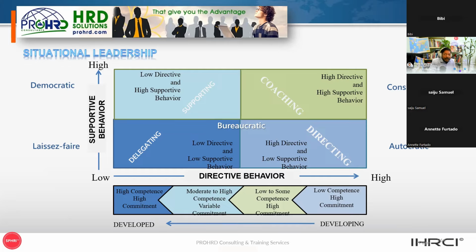Then delegating. In the example, employees demonstrate both high willingness and high ability. This is what we saw. In this scenario, the leader relies on delegating, trusting the employees to perform the task independently.